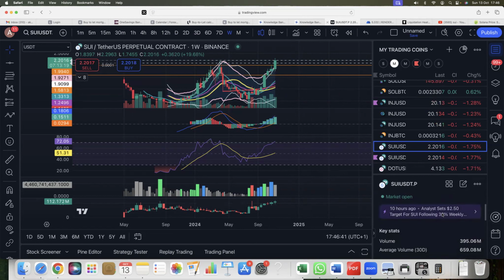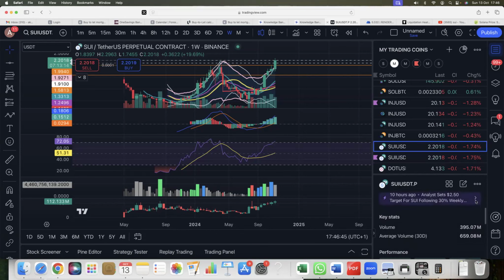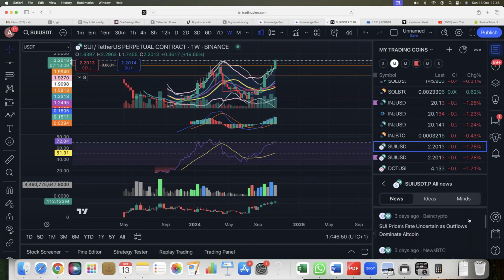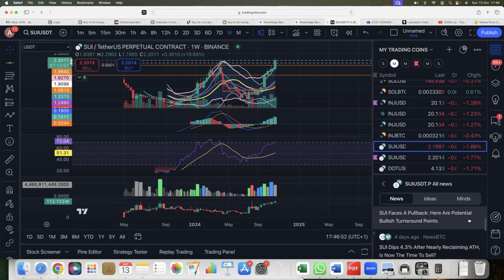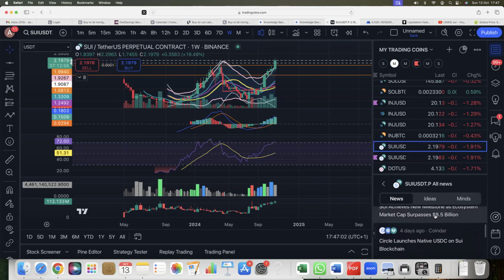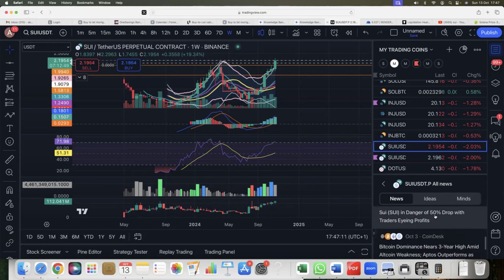There is news about the token release or whatever here. They had some token unlocks which was coming out, which was big. Danger of 50% drop. Yeah, this one here.